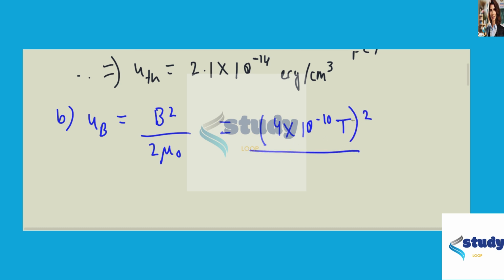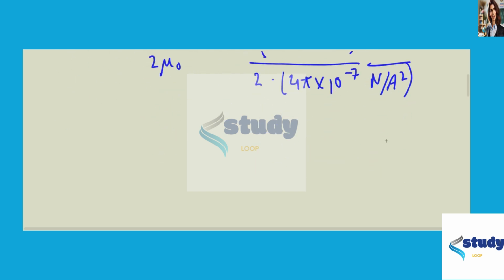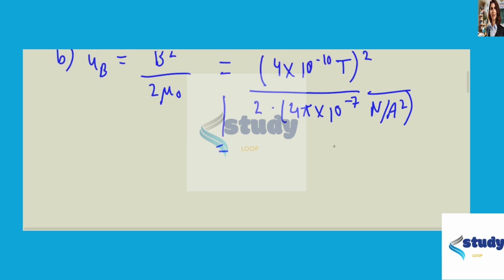Remember, Gauss is the CGS equivalent. And that's divided by 2 times 4 pi times 10 to the minus 7, and this is also in SI units. So this gives you a number that is very close to 6.4 times 10 to the minus 4 joules per meter cubed.